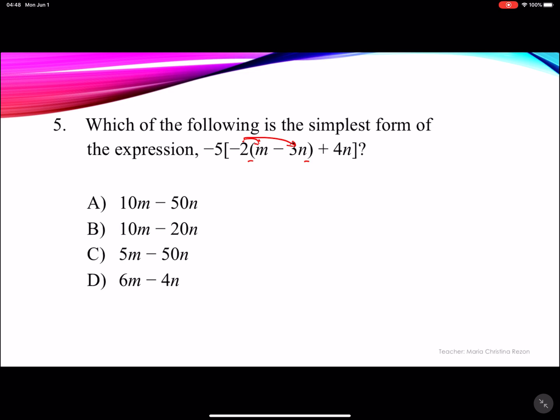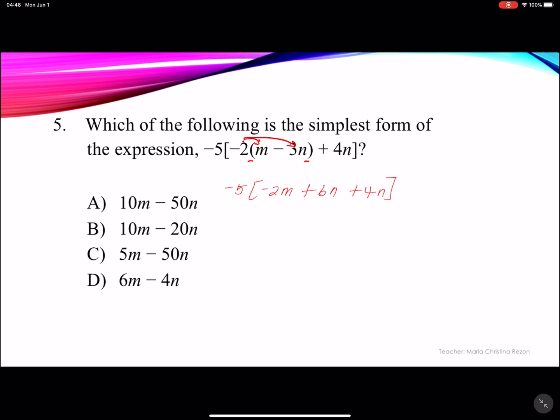That is negative 5 times negative 2m, negative and negative, that is plus 6n plus 4n. Simplify, okay.